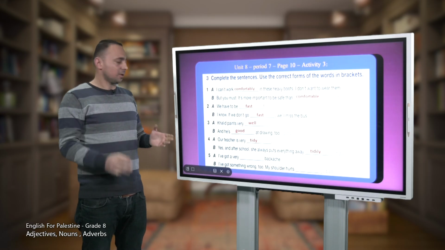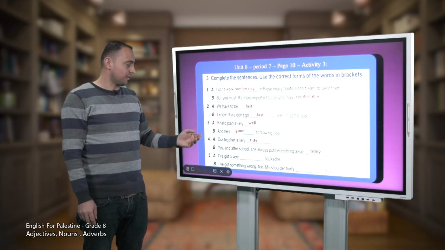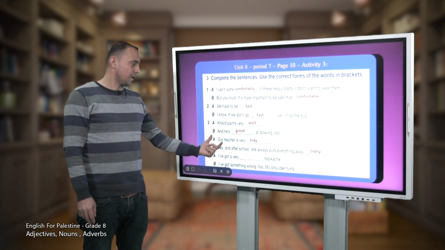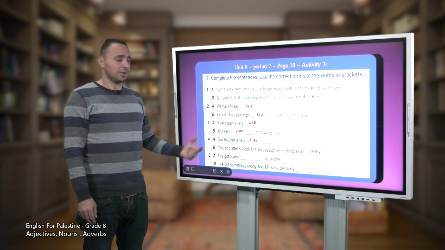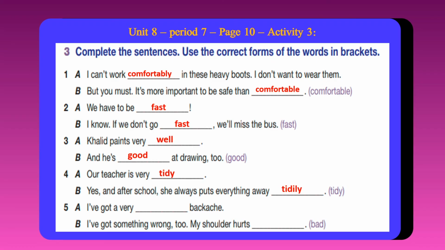Okay, let's go to number 5. I've got a very backache. Do we use an adjective or an adverb? We use an adjective. Why? Because backache is a noun. And here we need an adjective to describe the noun backache. B, I've got something wrong too.